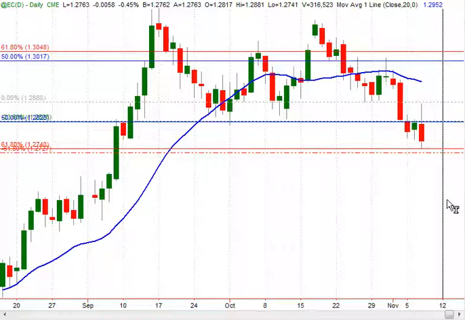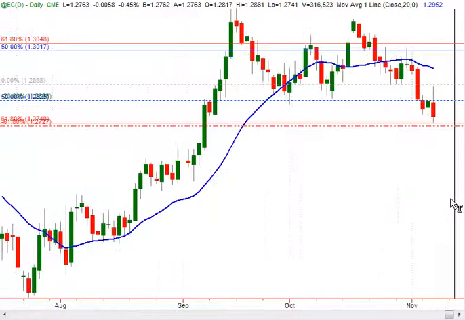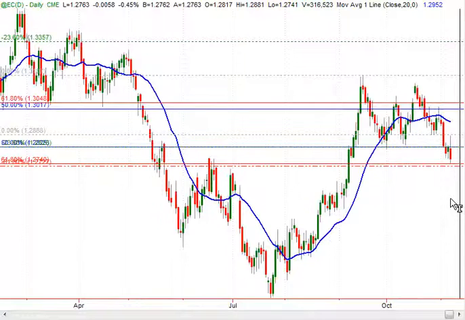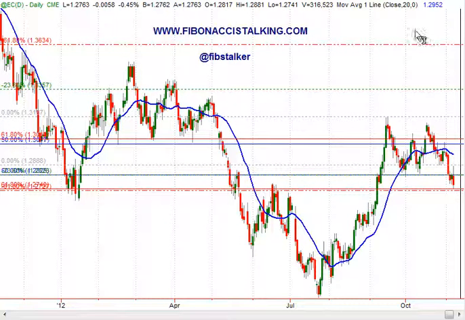Later on I will prepare and send a midweek update on the euro dollar, in which I'll speak about the divergence between the euro dollar and the SP 500 that I'm seeing at the moment.